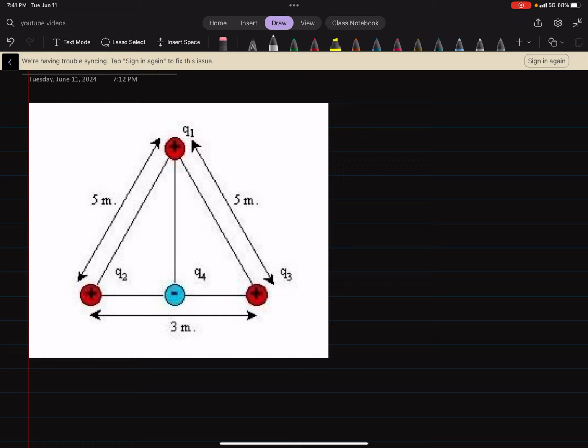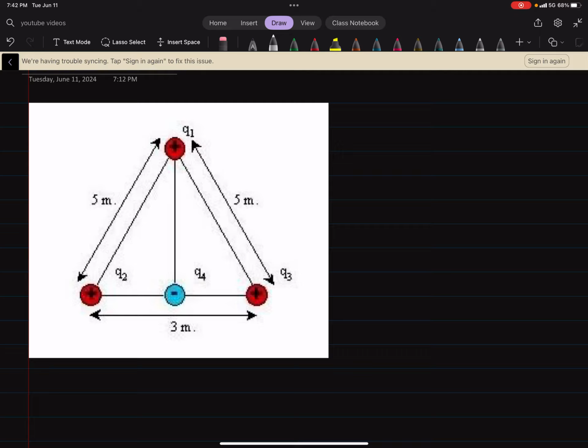Now, one thing that's interesting, and this is mostly speaking just to the person that asked it, is I think this is maybe a little bit of a translation, but the problem wants to know the force on Q4, and we're given all the charges.